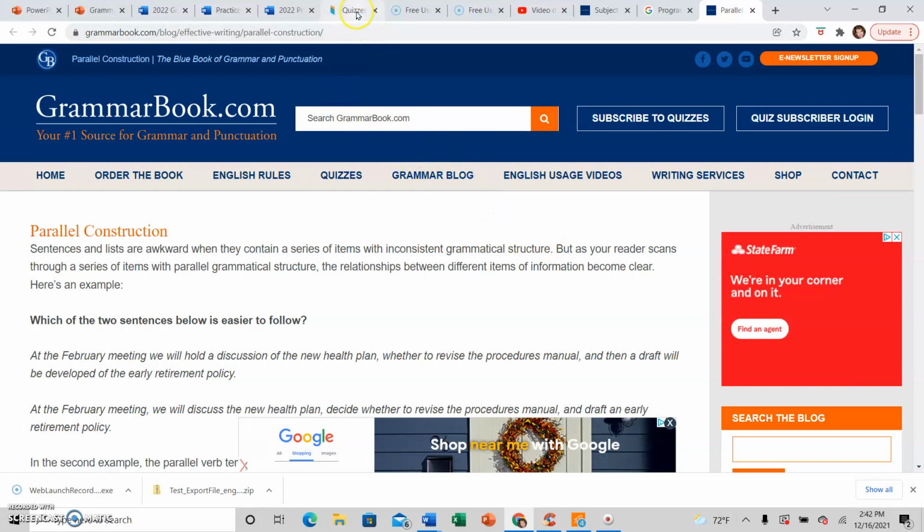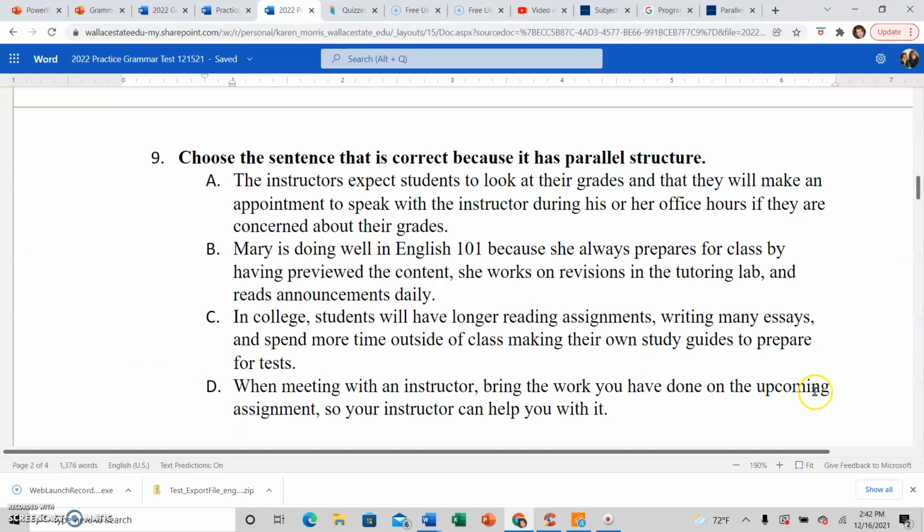So back to our question. Pause the video here and see which sentence has parallel structure, and then I will explain which one is correct and why.